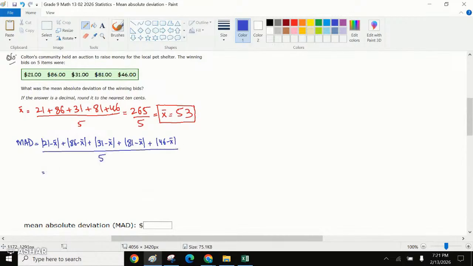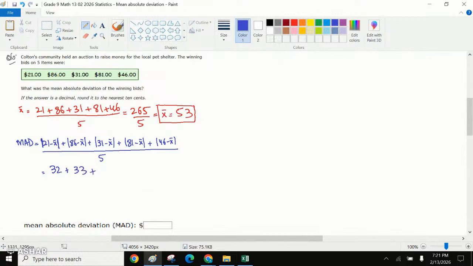Those were 5. So 21 minus 53 is 32. That's a negative 32. But since we have a modulus over here, or the absolute function, we always write positive. 86 minus 53 would be 33, still positive.